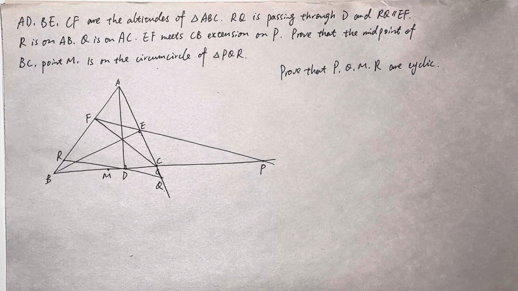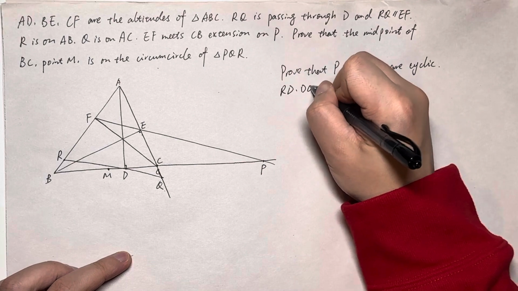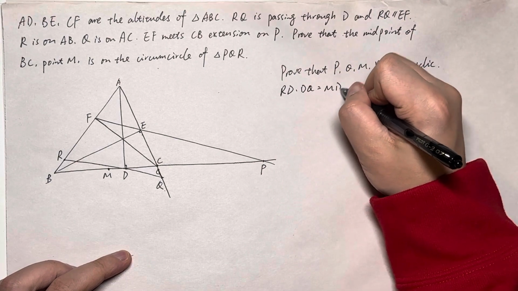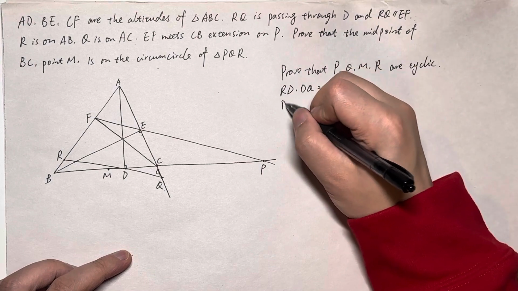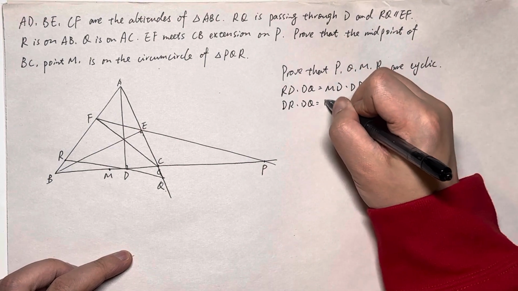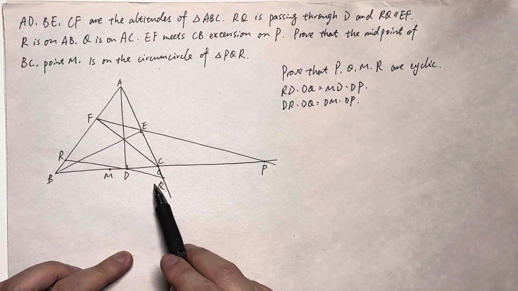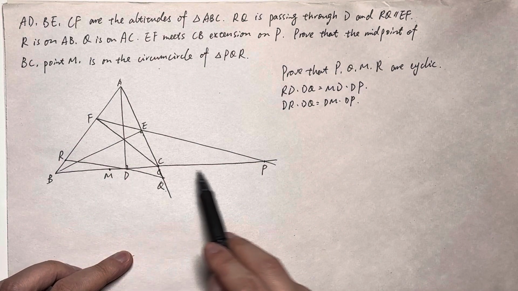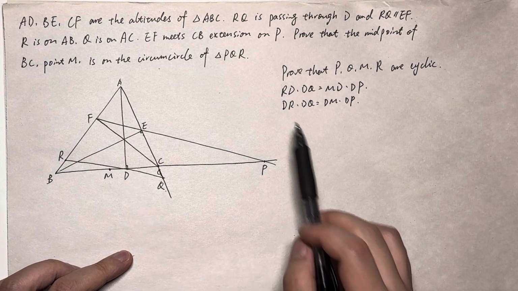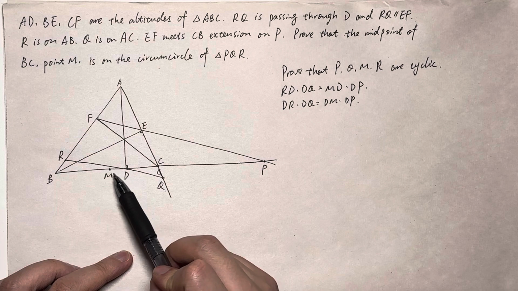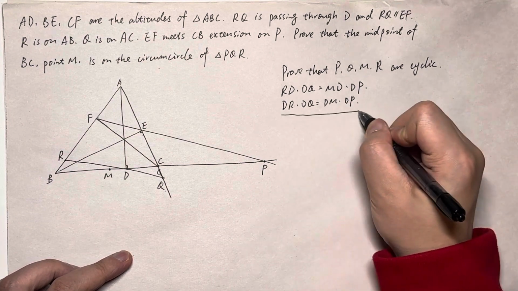Which means if we can prove DR times DQ equals DM times DP, that means we finish the proof that RMQP is cyclic, right?